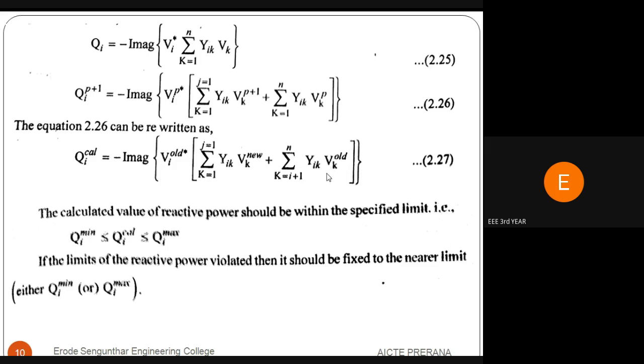The calculated value of reactive power should be within a specific limit: Q_i minimum less than or equal to Q_i calculated less than or equal to Q_i maximum. If the limit of the reactive power is violated, it should be fixed to the nearer limit.